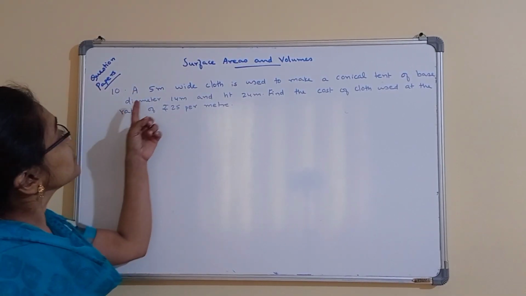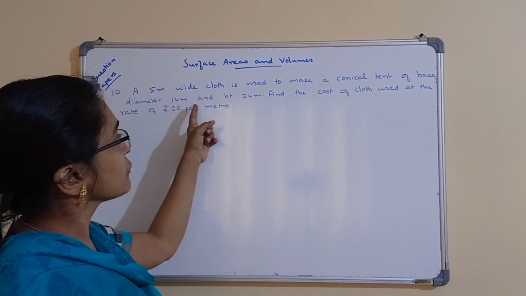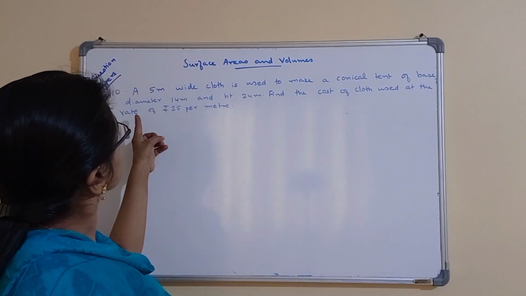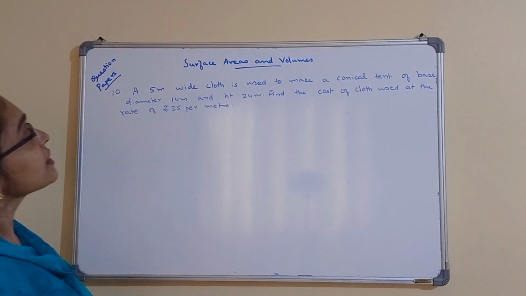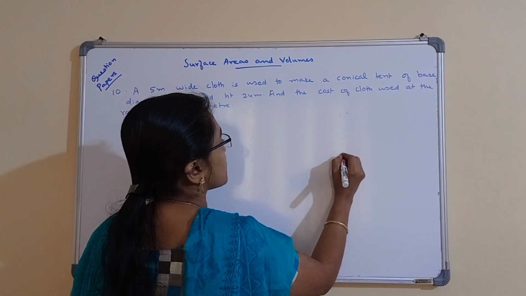Next one, a 5 meter wide cloth is used to make a conical tent of base diameter 14 meter and height 24 meter. Find the cost of cloth used at the rate of 25 rupees per meter. So 5 meter wide cloth is used to make a conical tent. Let the conical tent be like this.